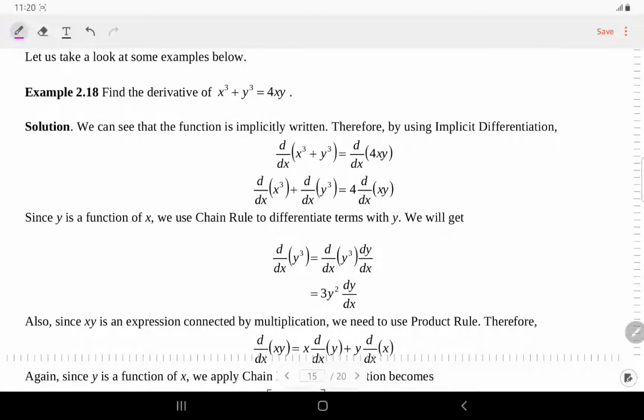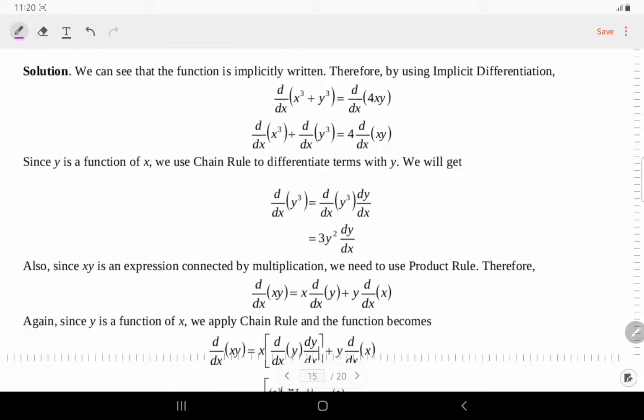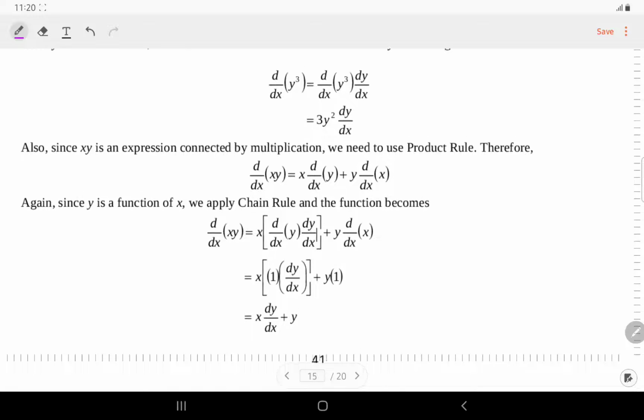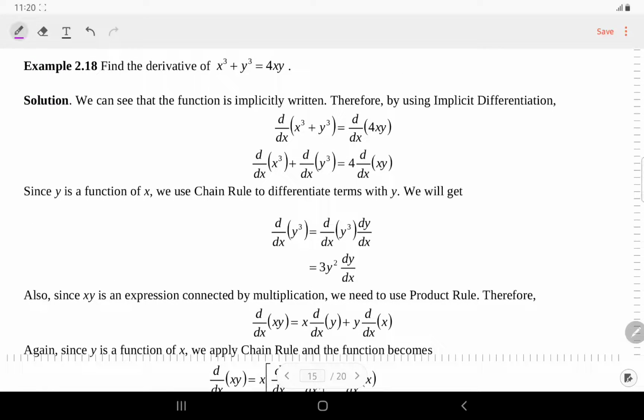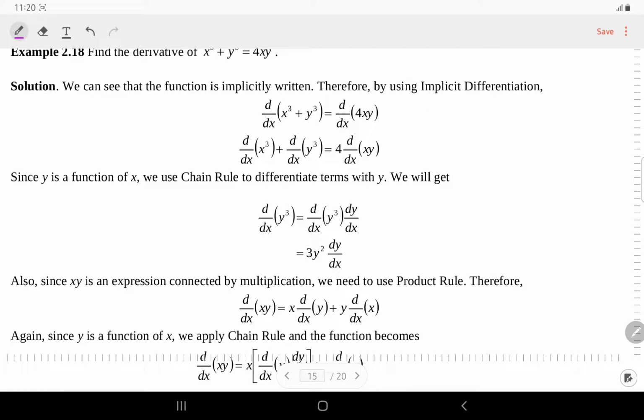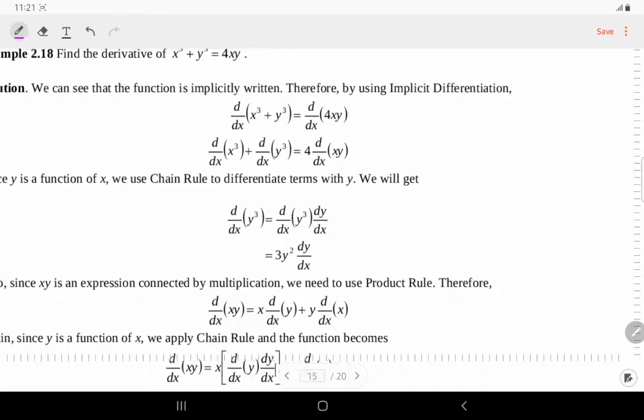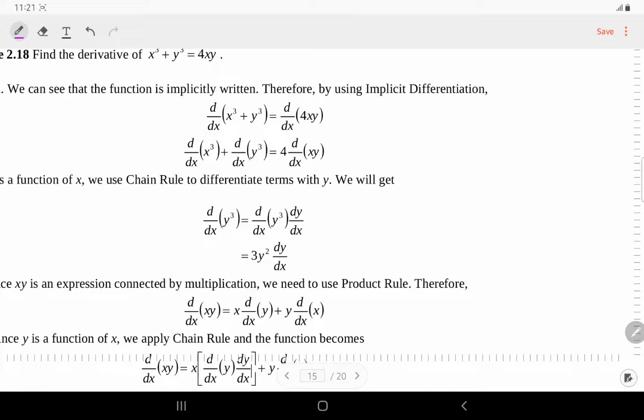It's okay, you don't need to look at this solution, so I will do my own solution here. So we are differentiating x cube, y cube, and also xy.